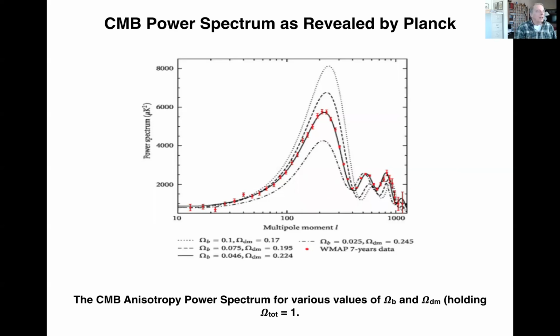But here's an example of simulations that were done to compare with the spectrum as determined by, I don't remember, I think this may be WMAP, which has these red dots with angular error bars.